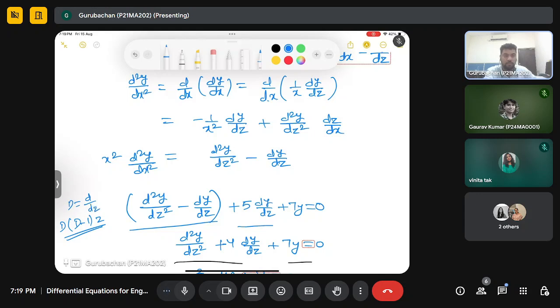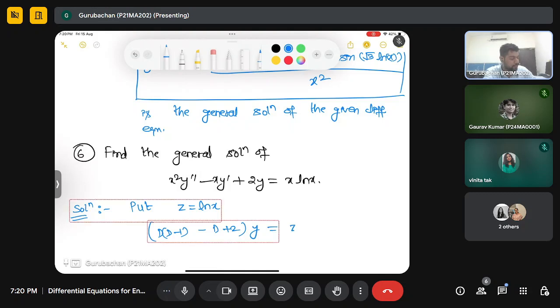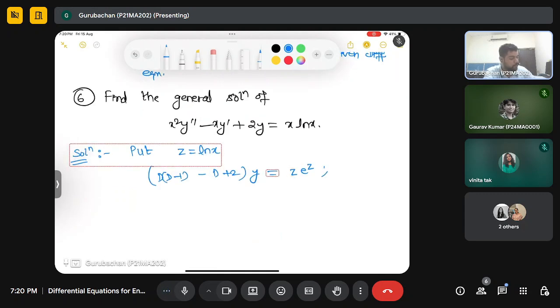In the same manner, it will be D(D minus 1) minus D plus 2, applied to y. Here ln x is z and x is e to the power z. If you solve a little, it becomes (D squared minus 2D plus 2) y equals z e to the power z.